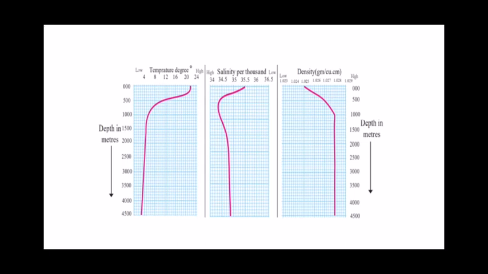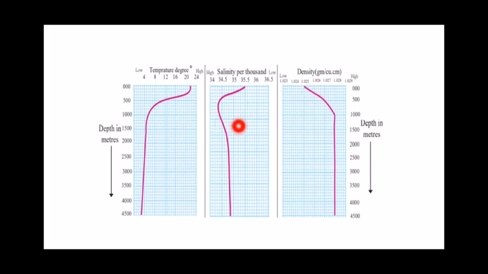Temperature, salinity or density? The question means that as you go down into the sea, from 0 to 500 and 1000, what decreases? Does the temperature decrease, salinity decrease or density?